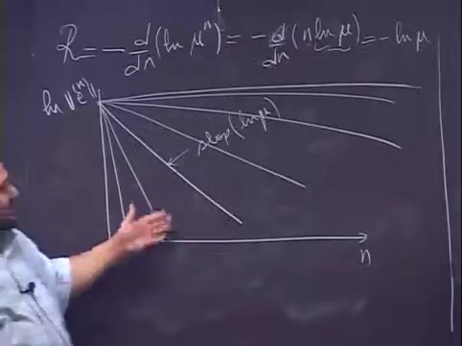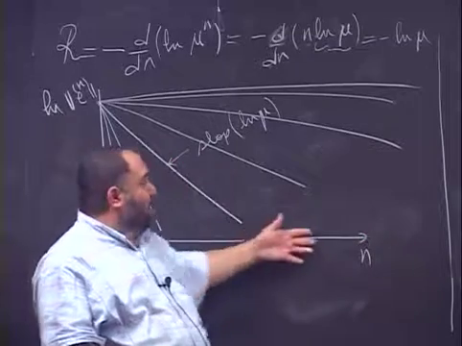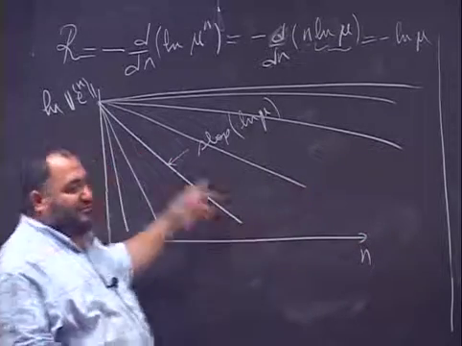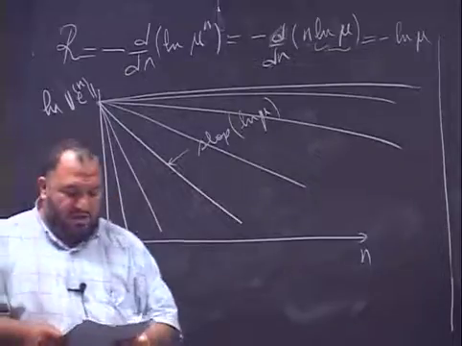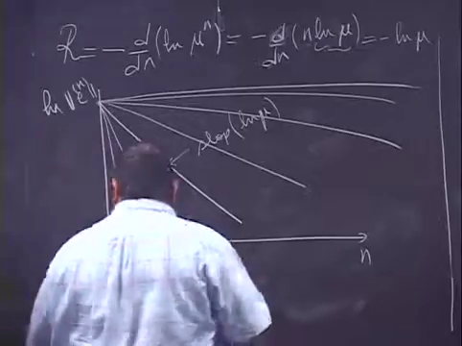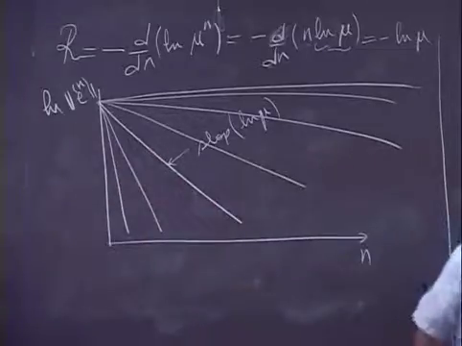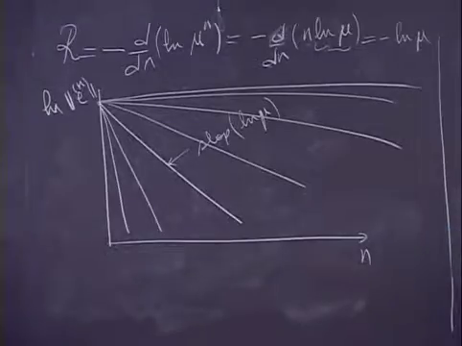When the spectral radius increases, you expect to converge after, let's say, a larger n, and the rate of convergence will be slower. Did you understand?